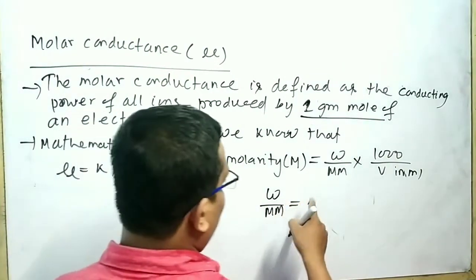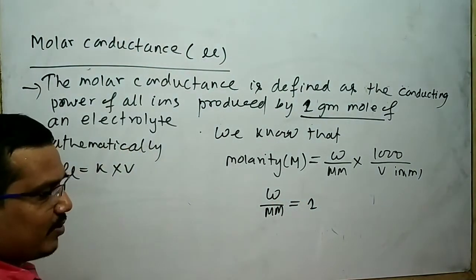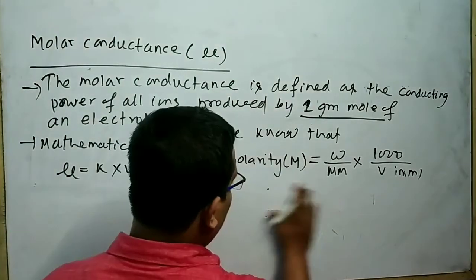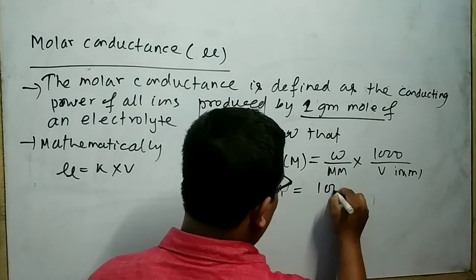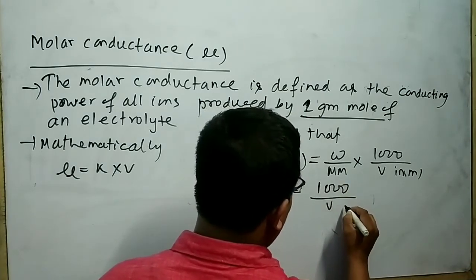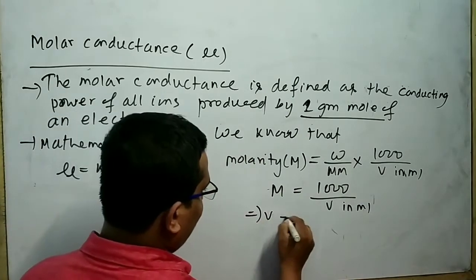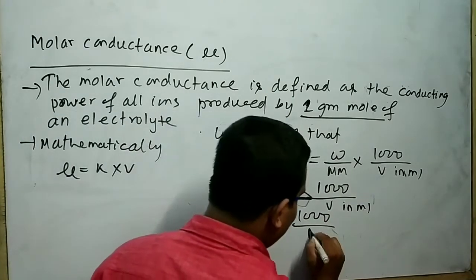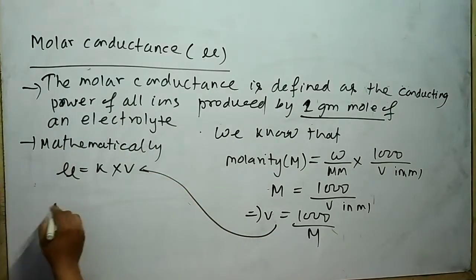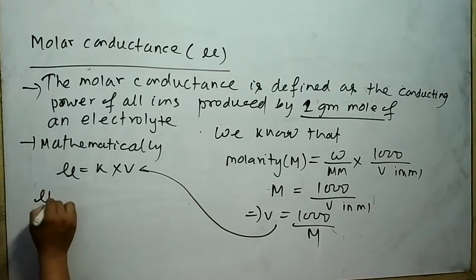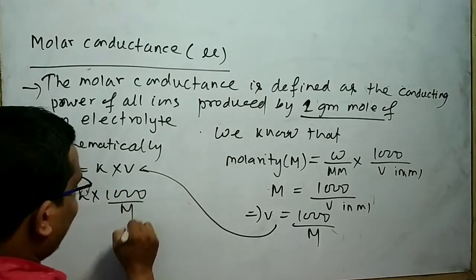Here the number of mole is 1, so I can write W by mm is equal to 1. Now I can write M is equal to 1000 by V in ml, implying that V equal to 1000 by capital M. Now put the value of V here, then I can write mu equal to K into 1000 by M.